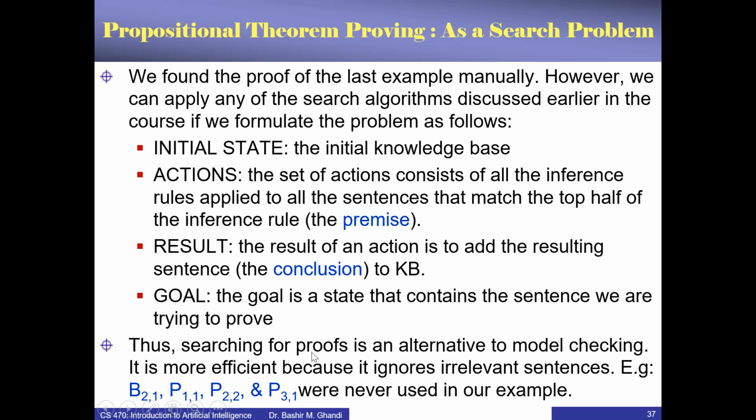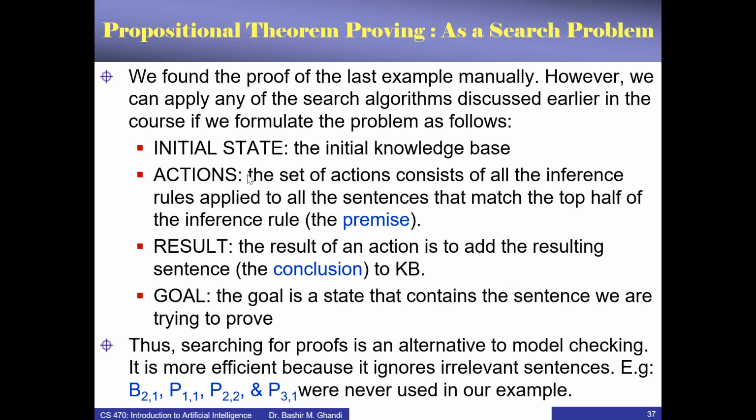Therefore, searching for proofs can be considered as an alternative to model checking. In fact, it is more efficient than model checking because it ignores all irrelevant sentences. Remember, model checking will look for all possible scenarios.